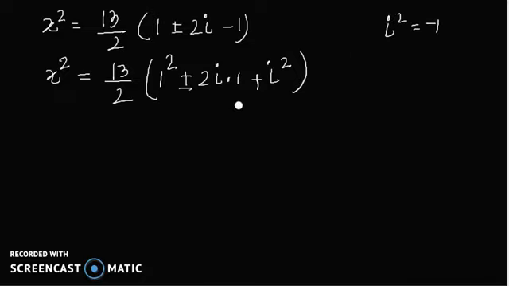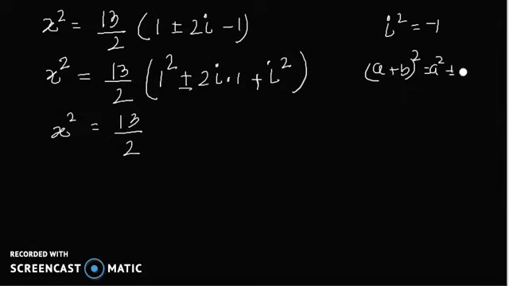So minus 1 times plus is minus 1 here. Then we can write further 13 by 2, and this is in the form of a plus b whole square is equal to a square plus minus 2ab plus b square. So we can write here 1 plus minus i whole square.